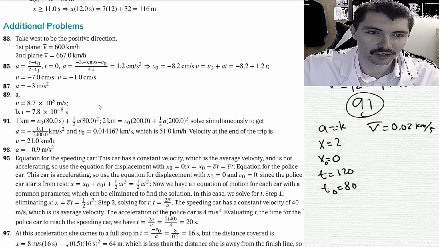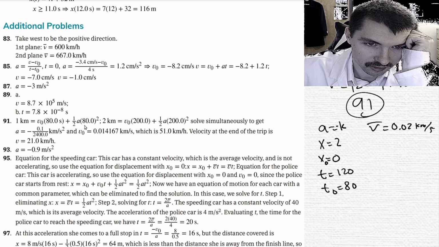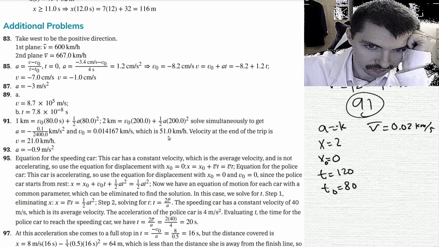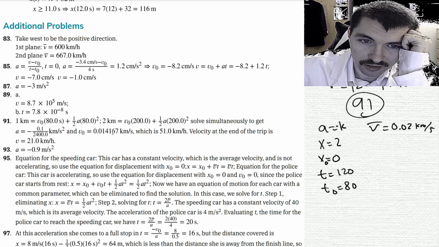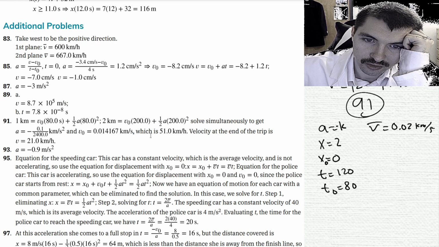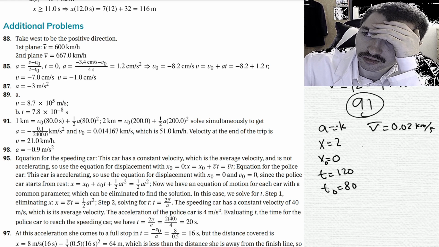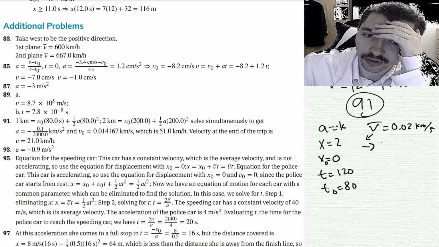So we're going to look at this. 1 kilometer. Okay, so our V naught is close. Then they convert this into hours. Convert this into 50.